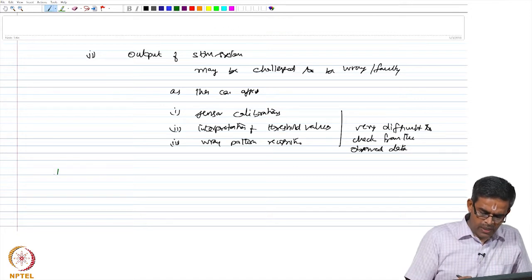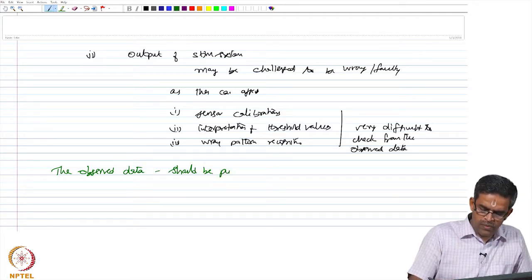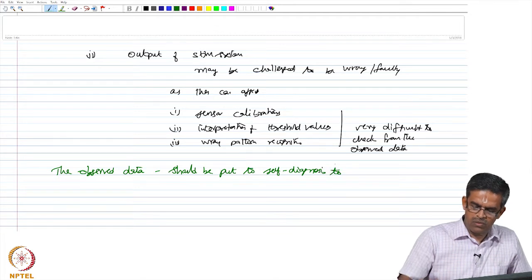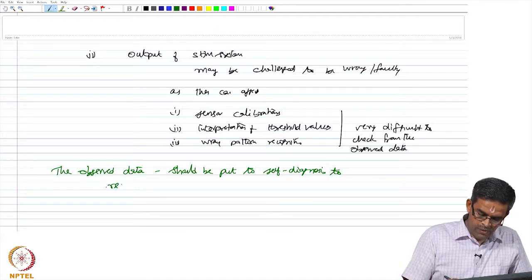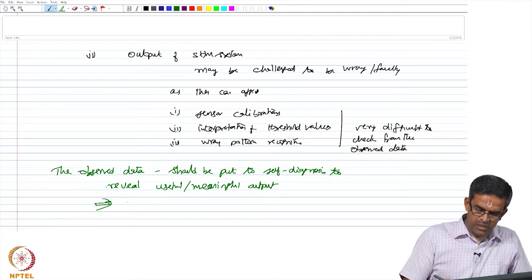The observed data should be put to self diagnosis to reveal useful and meaningful output. That is actually the objective of machine learning.